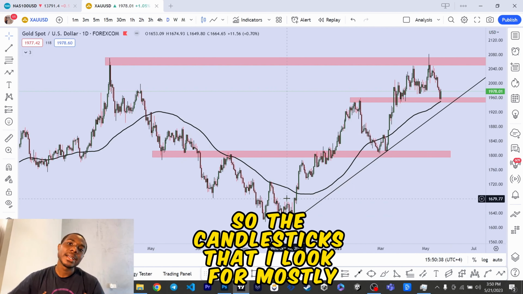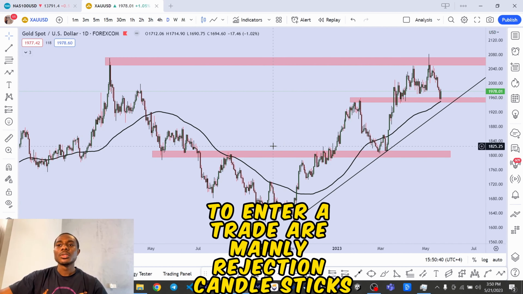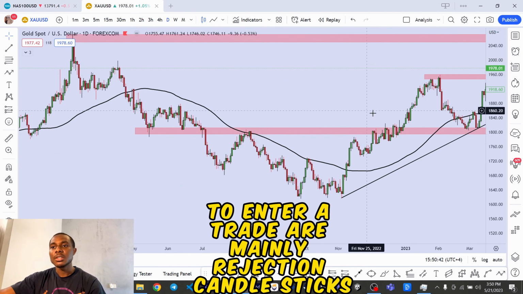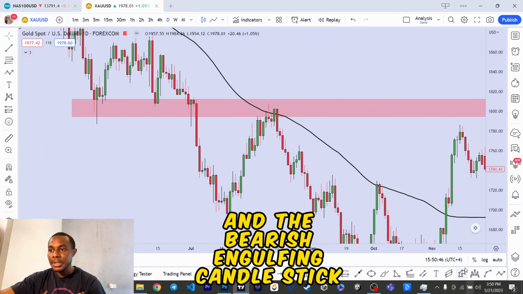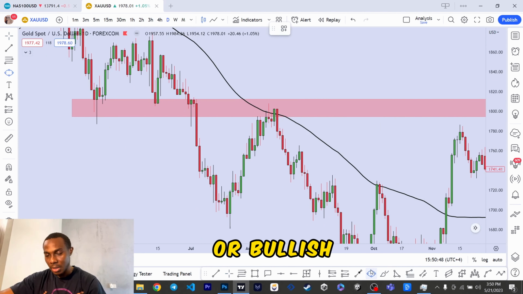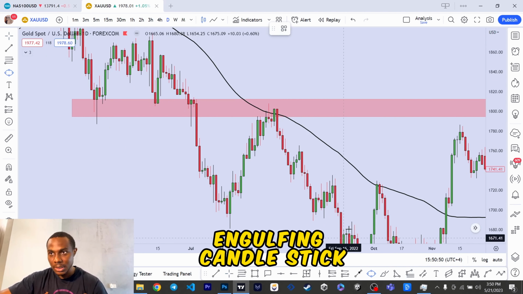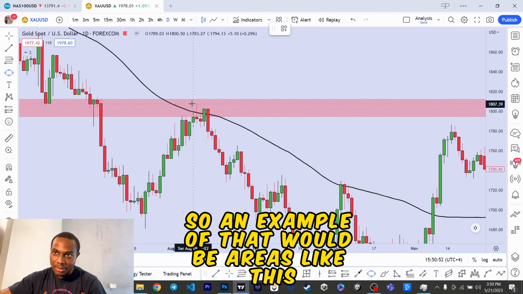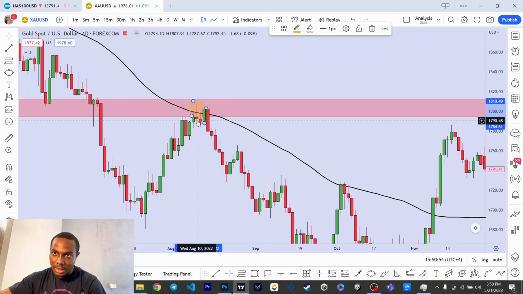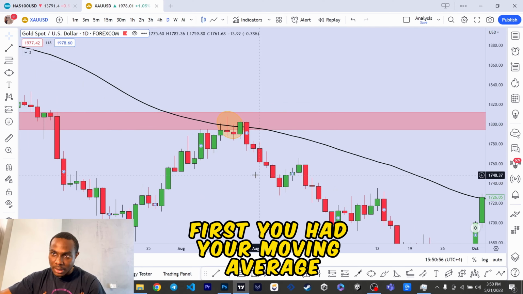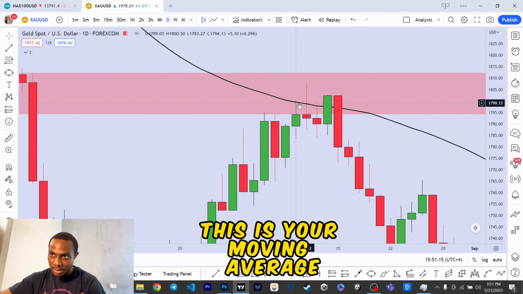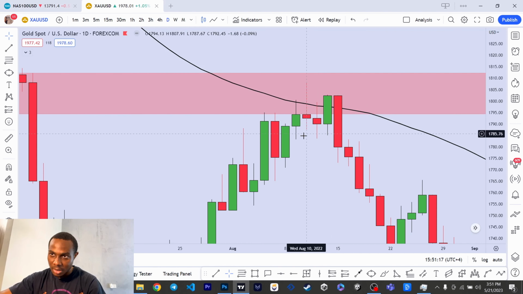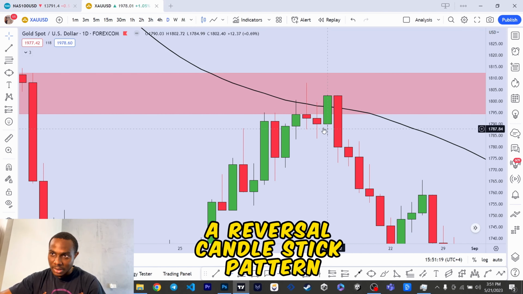So the candlesticks that I look for mostly to enter a trade are mainly rejection candles, like the pin bar candlestick and the bearish or bullish engulfing candlestick. An example of that would be areas like this. First, you had your moving average here. You had your pin bar, a reversal candlestick pattern.